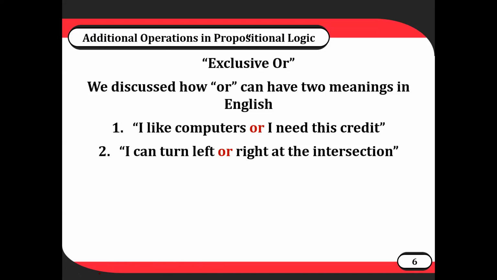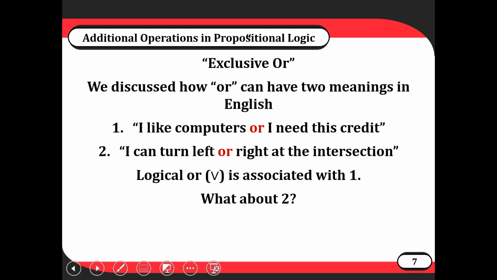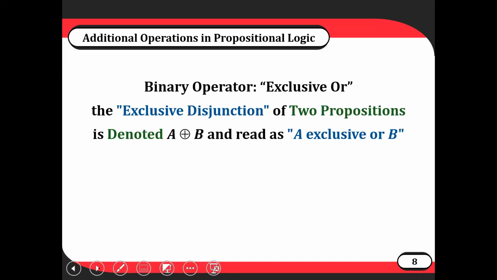So it's the same word, but it has two different meanings. The logical OR is associated with the first version, this little V. But what about the second version? That's what we just talked about: our exclusive OR operator, also known as exclusive disjunction of two propositions, denoted A exclusive OR B using this little symbol here.